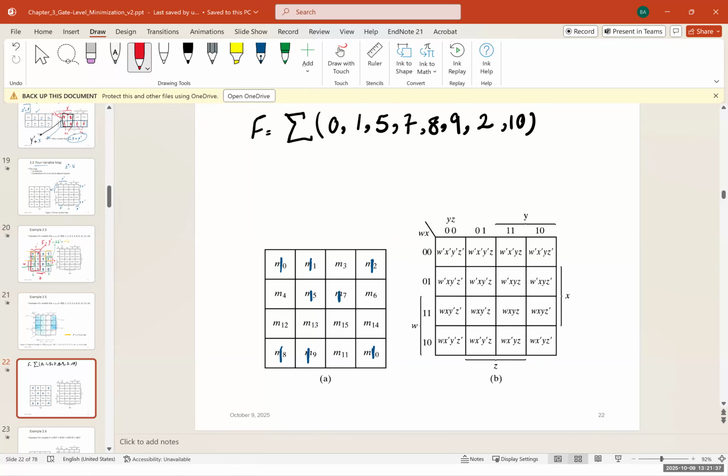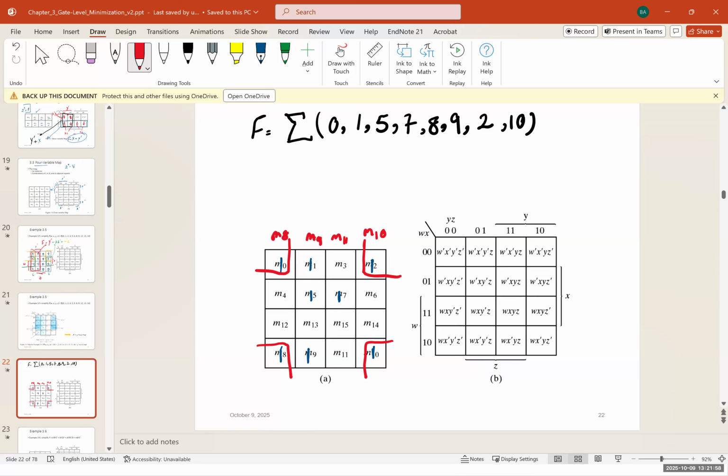Okay. So you can combine all 4 in the corners because again, M2 is actually adjacent with M10, M3 is adjacent with M11, and this is M9, and this is M8. And the same thing on the sides as well.